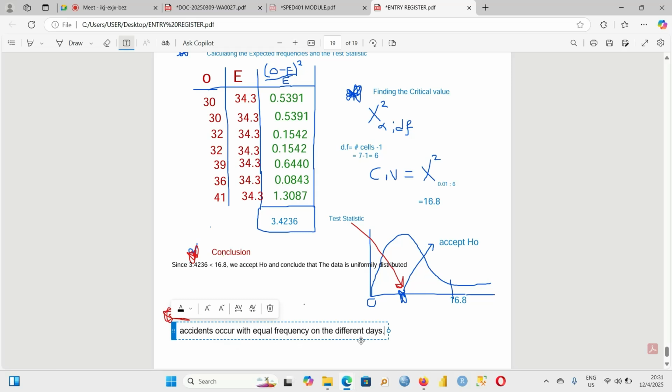Accidents occur with equal frequency of fatalities every day from Monday to Sunday.